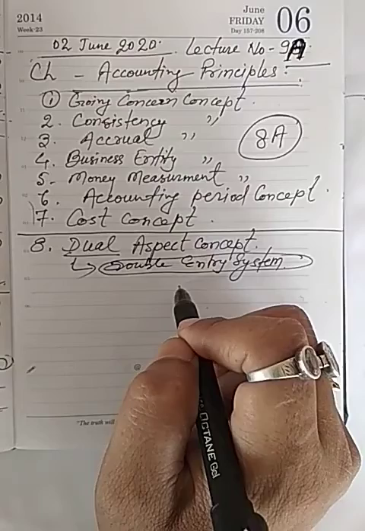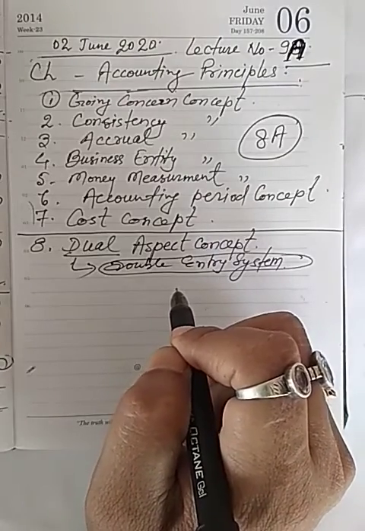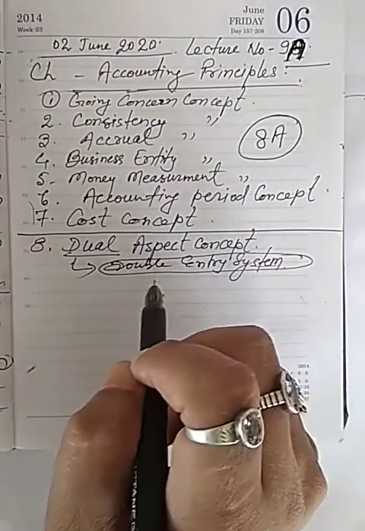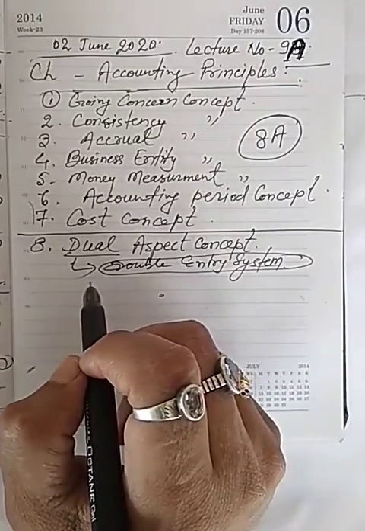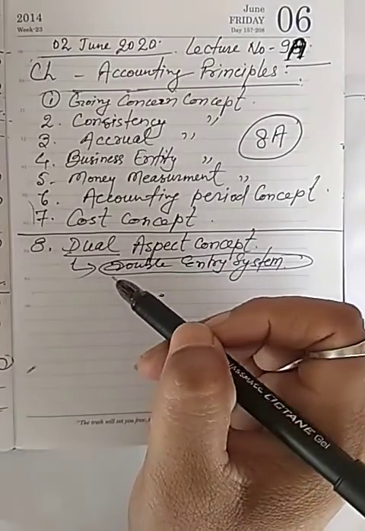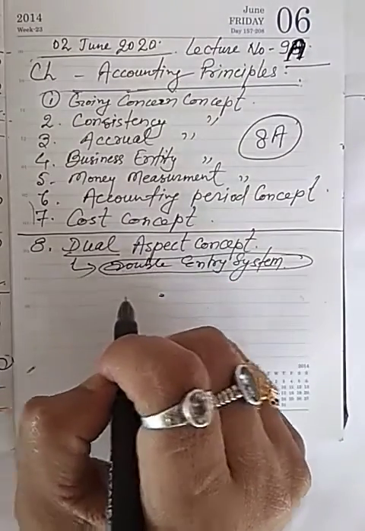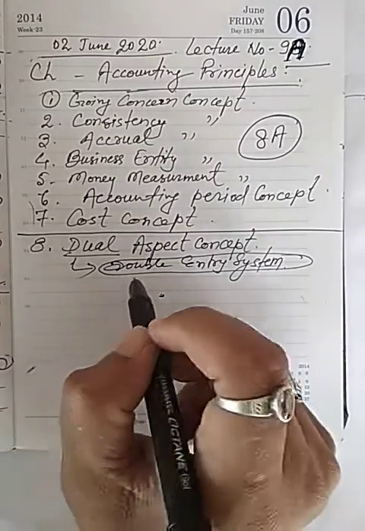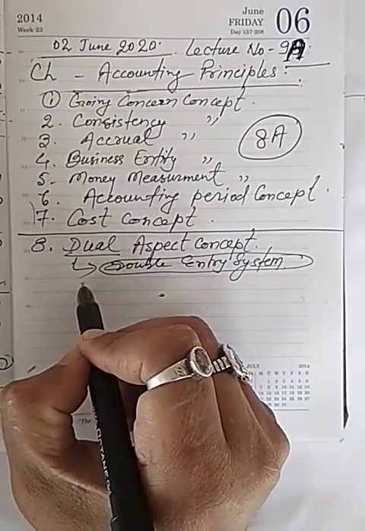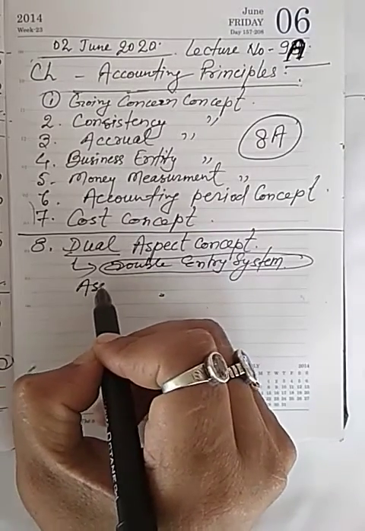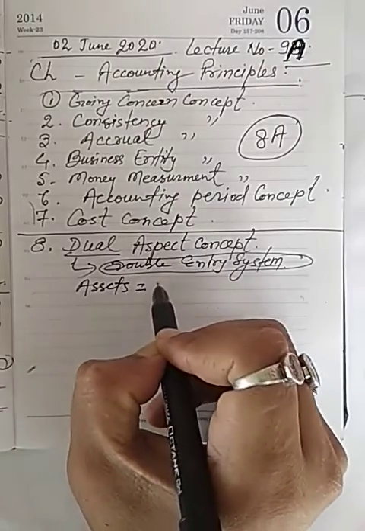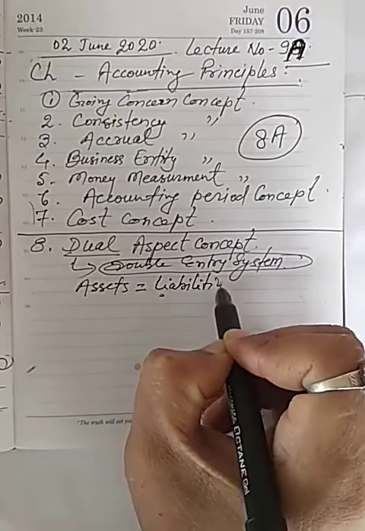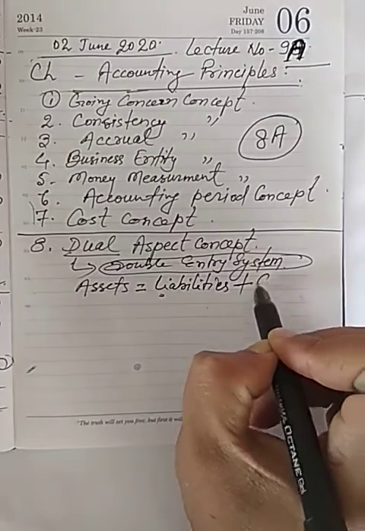It is because of this concept that the two sides of the balance sheet are always equal, and the accounting equation will always hold good at any point of time. Assets equal to liabilities plus capital.